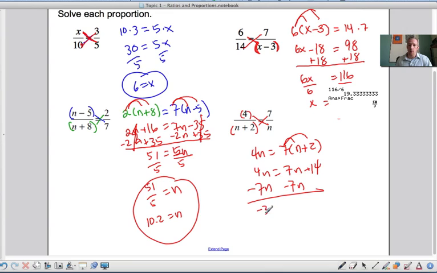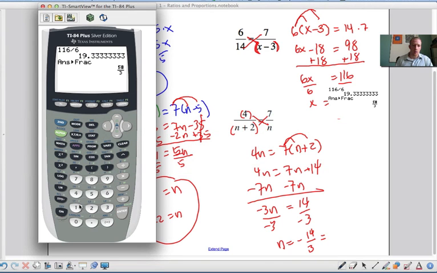And I get negative 3n equals 14. All right, so divide both sides by negative 3. That gives me n equals negative 14 over 3. And that would be 14 divided by 3, negative 4.6 repeating.